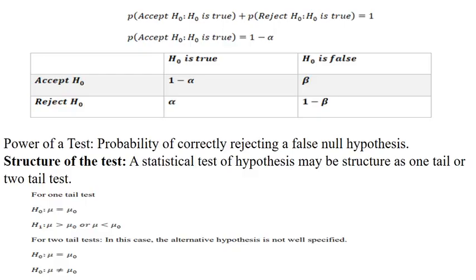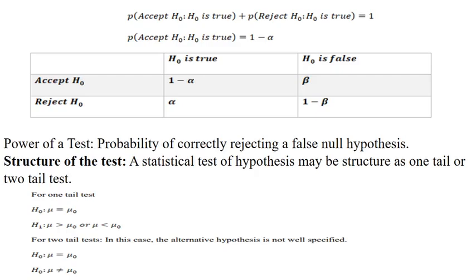Then let's go to the structure of a test. A statistical test of hypothesis may be structured as either a one-tail or two-tail test. For a one-tail test, we have our H naught: mu equals mu naught, and our H1. Our H naught is the true or null hypothesis, while our H1 is our alternative hypothesis.